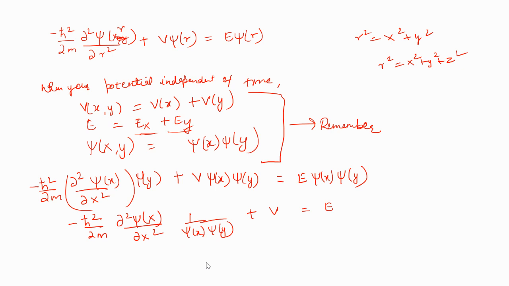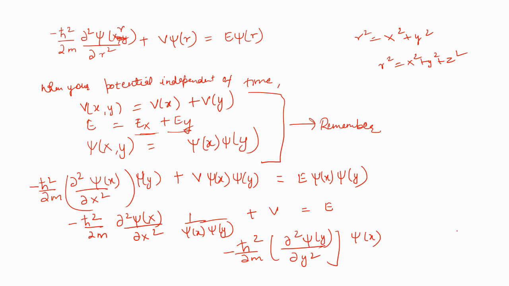Okay, I'm solving for one variable only. I got it, there will be one more term. Yes, there will be one more term: minus h cross squared upon 2m, d2 psi y by dy squared, and psi x.